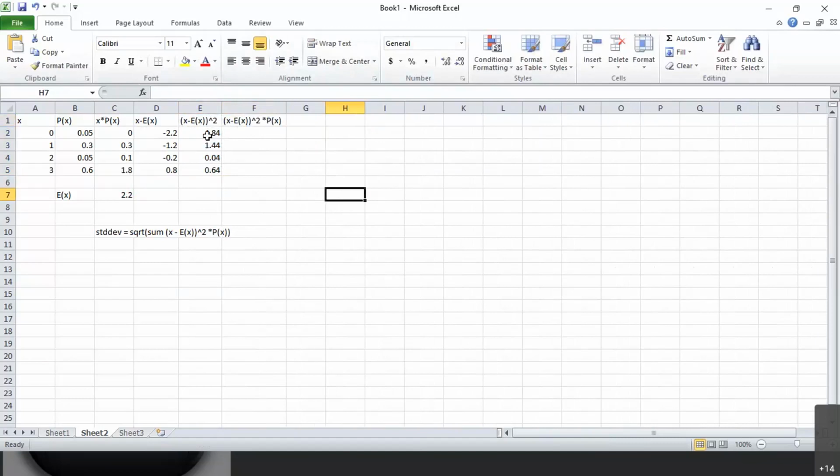So now I take this value times P of X, and then I scroll down so it does it for the whole distribution. Now I'm finally at the point where I want to sum this up. This should give my standard deviation after I take the square root of it, but let me sum it first.